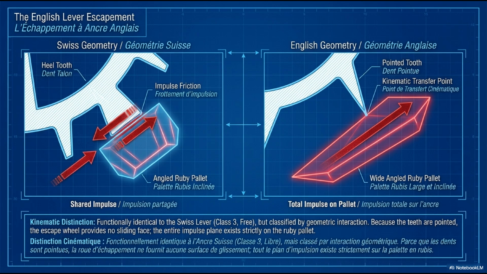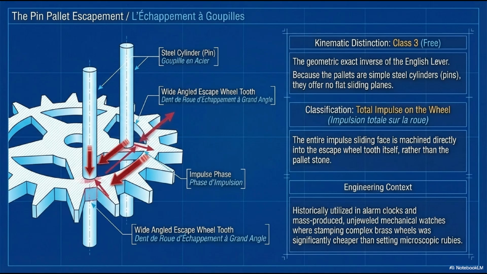A fully pointed tooth would wear too rapidly, but the impulse geometry remains dominated by the pallet stone face. For service, an English lever movement uses the same conceptual framework as the Swiss lever, with adjustments for the different stone geometry.